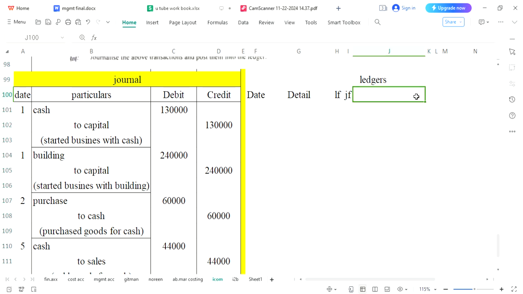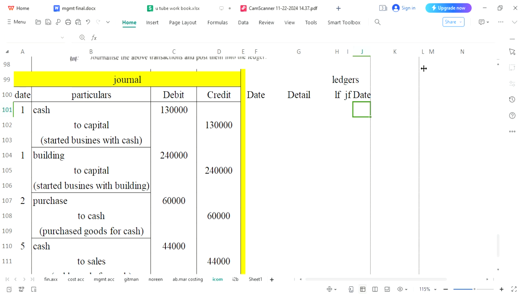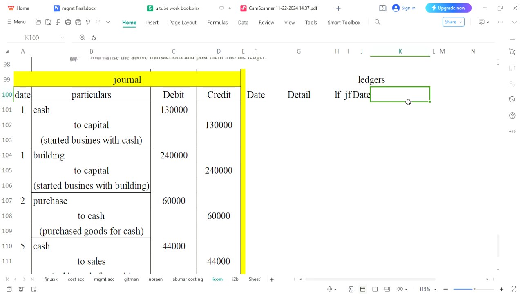This column would be used for date again. I'm requesting you to please understand how to put these lines, and then we will have particulars again. Little more space is needed, and here we will write detail or particulars, both are good.